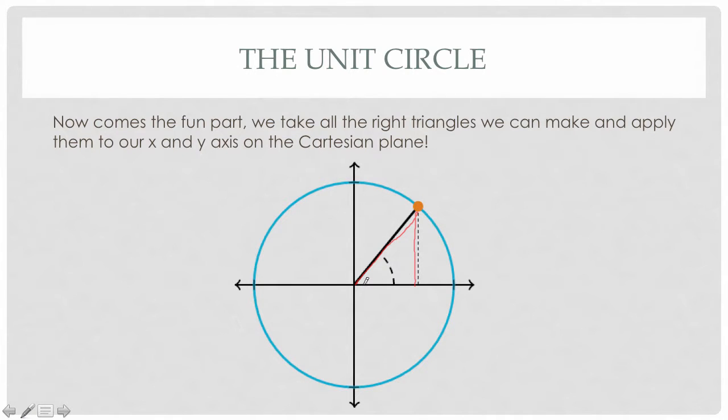Draw it in. There's my right triangle. There's my 90-degree angle. But now we're putting it inside a circle. We can take all the right triangles and we can now think about it in terms of, oh, there's an x value to the right triangle and there's a y component to the right triangle.